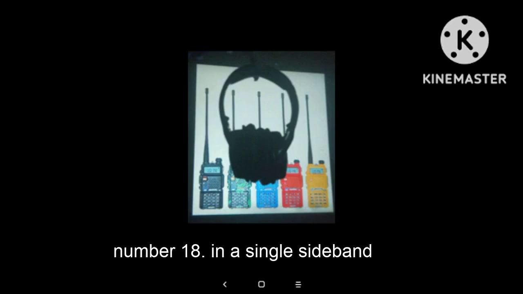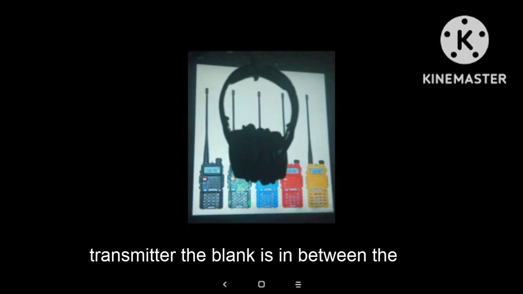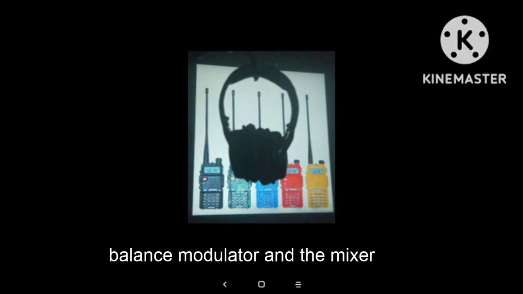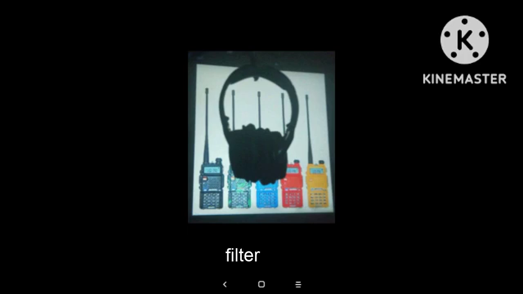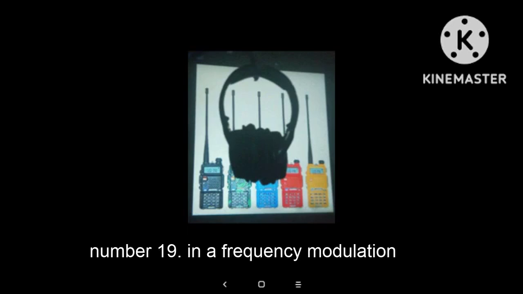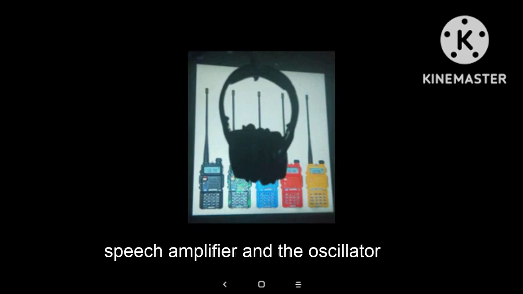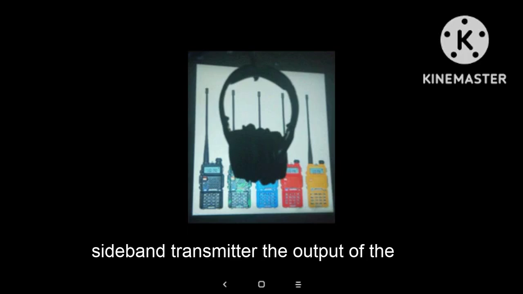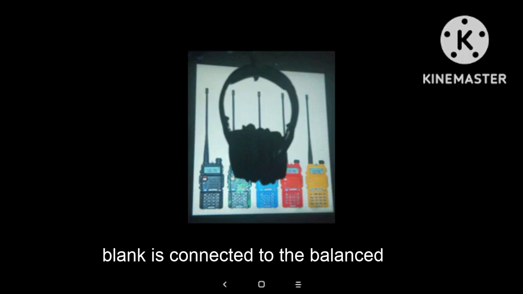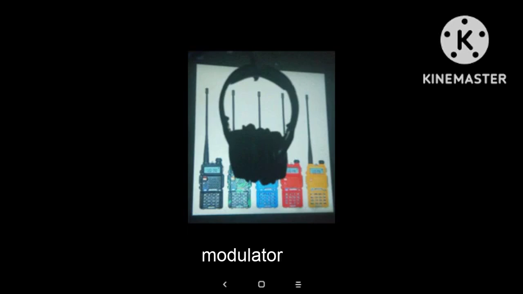In a single sideband transmitter, the blank is in between the balanced modulator and the mixer. Filter. Number 19. In a frequency modulation transmitter, the blank is in between the speech amplifier and the oscillator. Modulator. Number 20. In a single sideband transmitter, the output of the blank is connected to the balanced modulator.